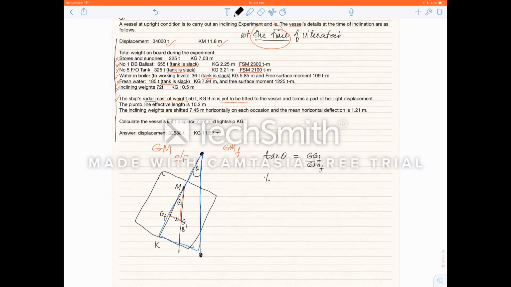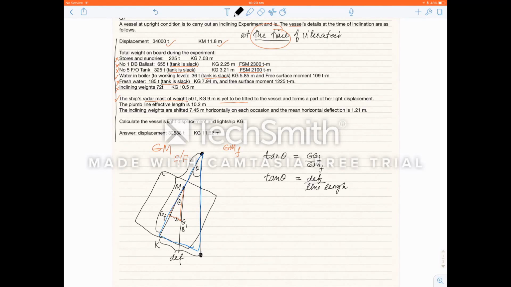And from the larger triangle, tan theta is equal to deflection divided by the effective length of the line. That's that length.